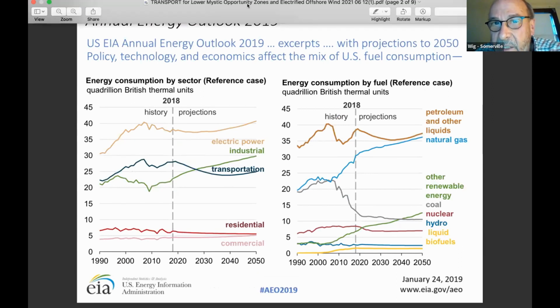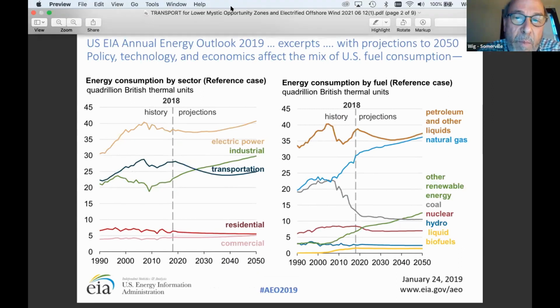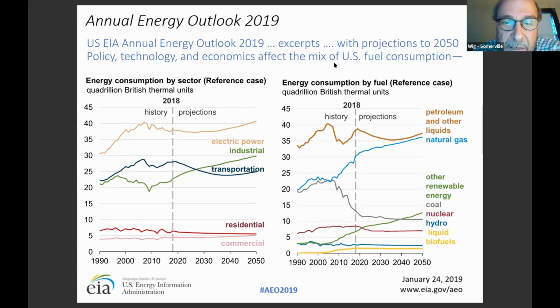Okay, so this is just more national data. It's a little bit more up to date. EIA does a lot of good work with data these years. It's a couple of years old, but basically shows on the left that transportation dominates. And if you look down below, you see the dominance of transportation relative to residential and commercial property.